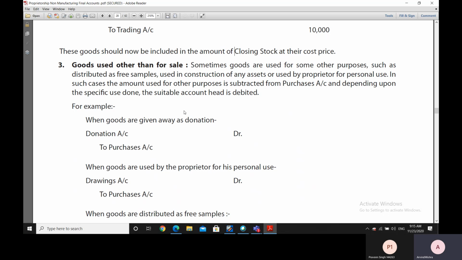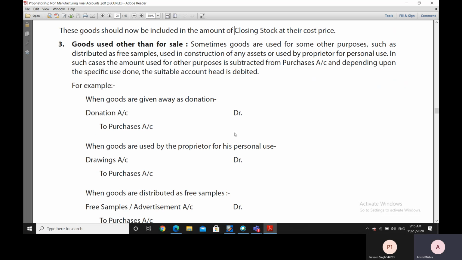Now let us say, for example, when goods are given away as donation, in that case, we will credit the purchase and debit donation. Thereby, we are cancelling the purchase and creating a debit of donation.